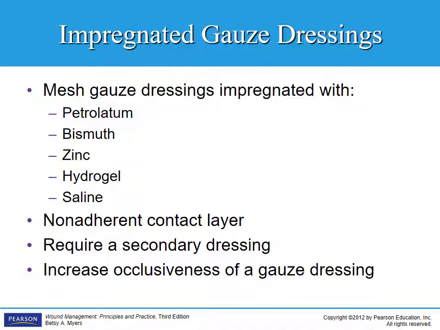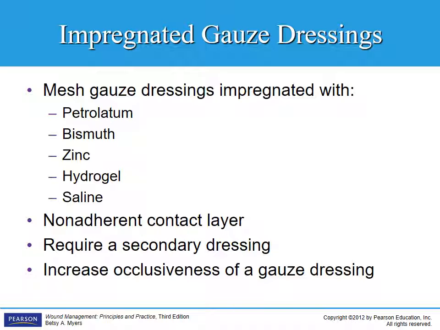All right, let's talk about impregnated gauze dressings. So the gauze dressings can be impregnated with petroleum or Vaseline, bismuth, or a betadine kind of thing, zinc, hydrogel, or saline. The main reason for this is it makes it a non-adherent contact layer.